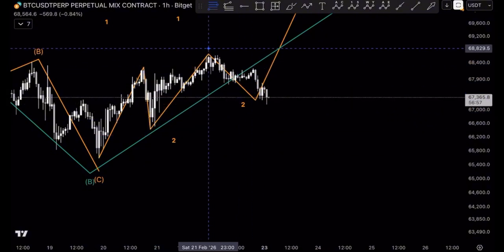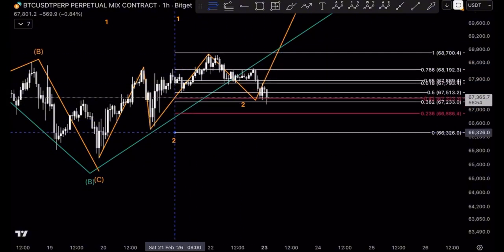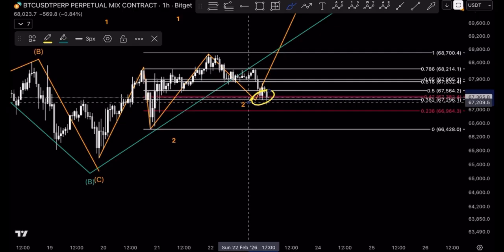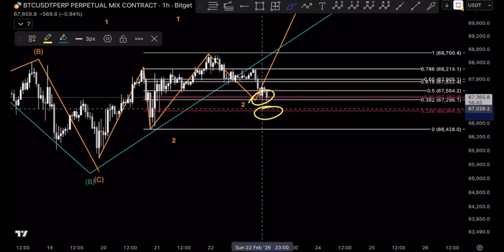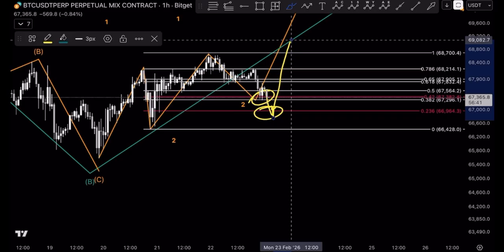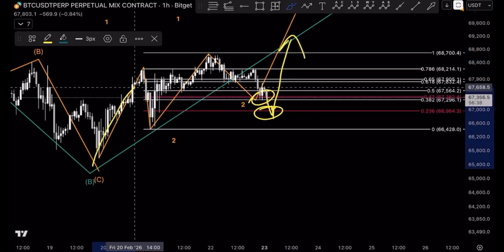If we draw the MC level from here to the next bottom, where we are right now, this is an MC level. Even this is the second MC level. So the price can come until here and then bounce. It's still fine. We are still playing 1, 2, 1, 2.